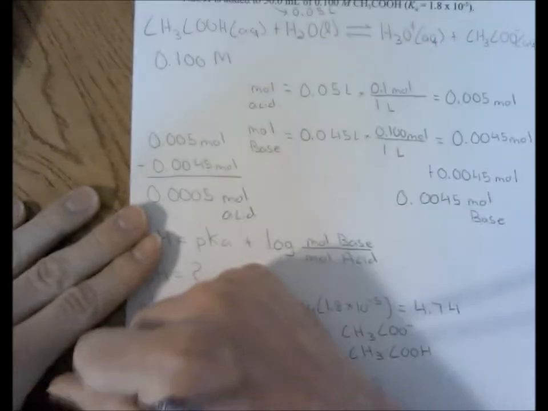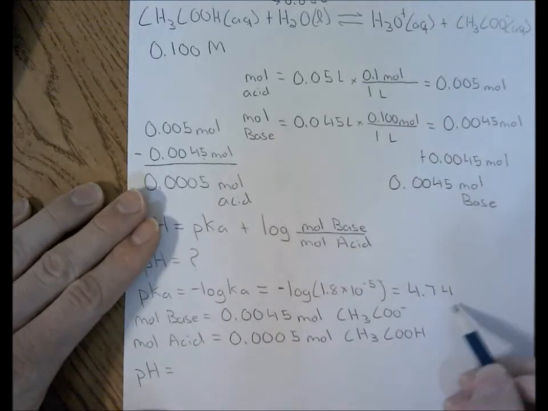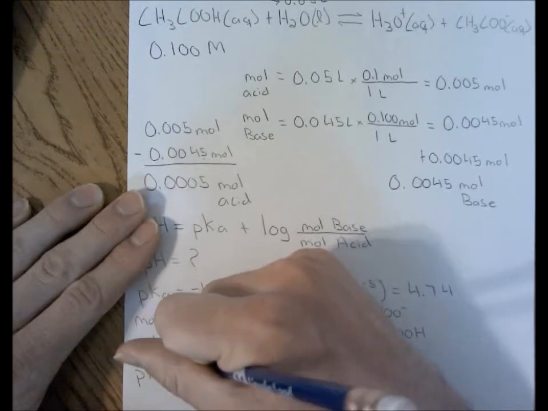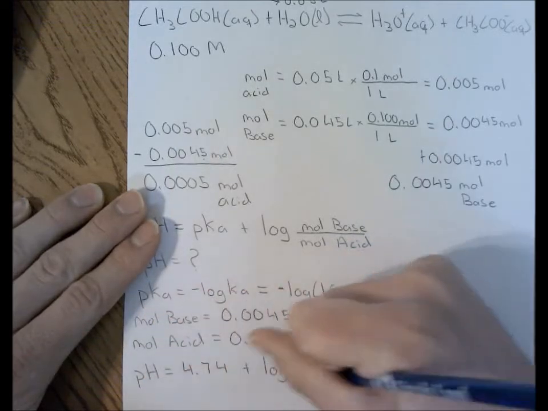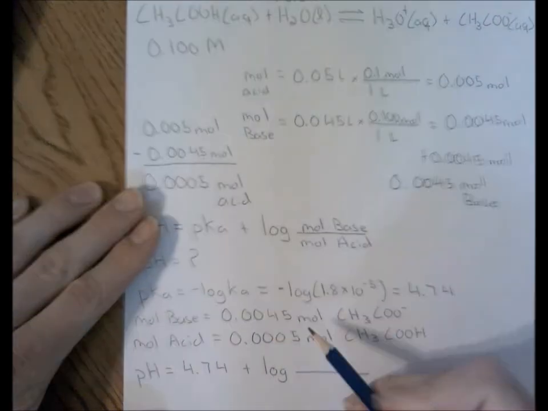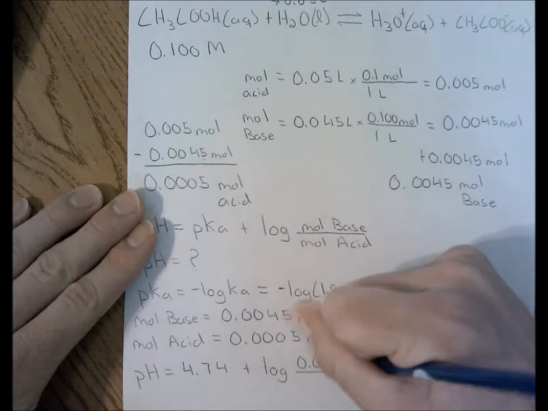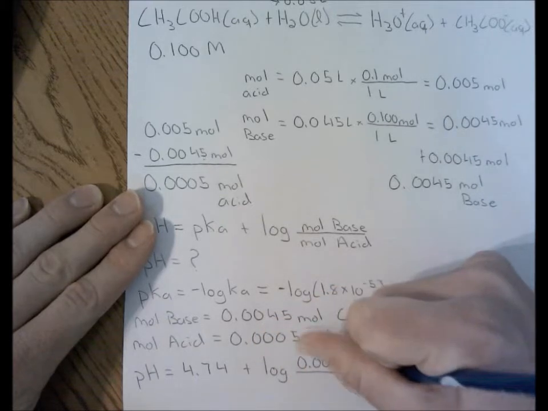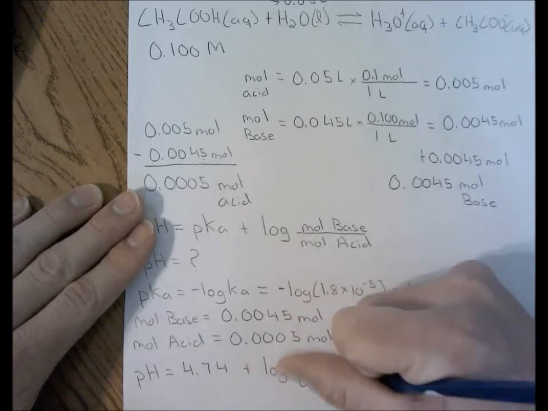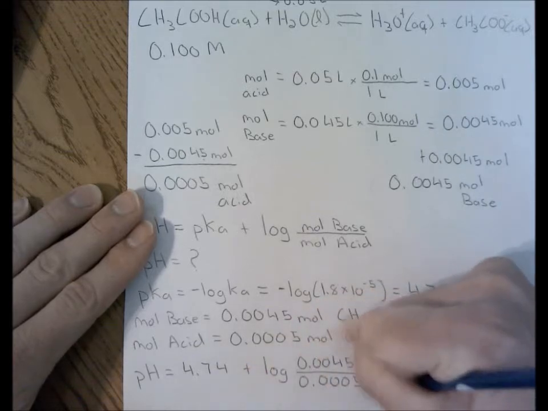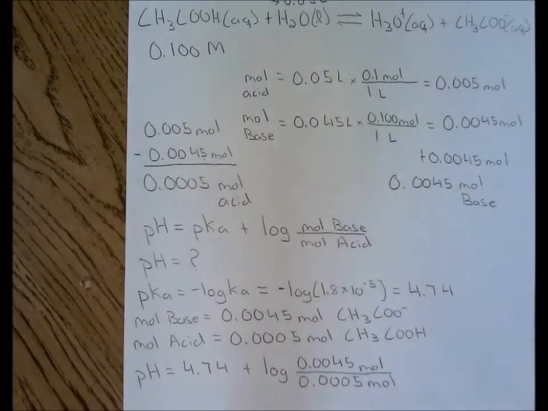So to find the pH of this particular problem, we take our pKa, which we said was 4.74, plus the log of the number of moles of our base, which was 0.0045 moles, divided by the number of acid moles left, 0.0005 moles of our acetic acid.